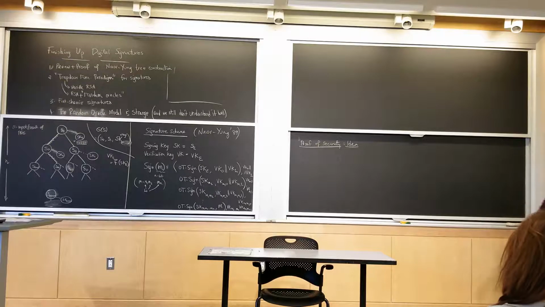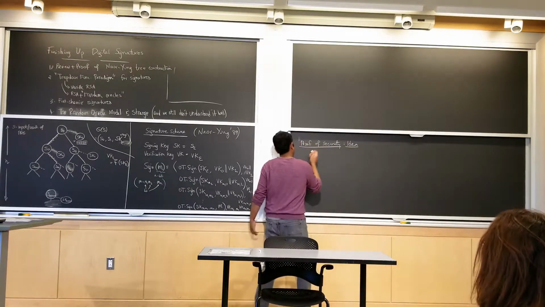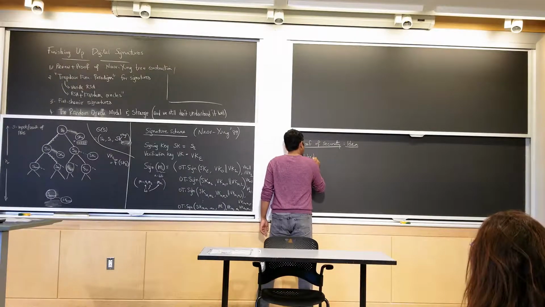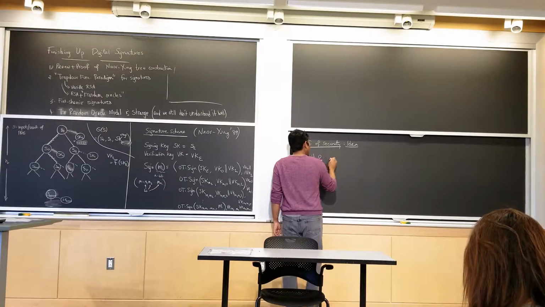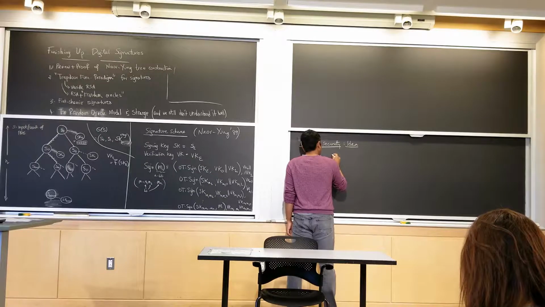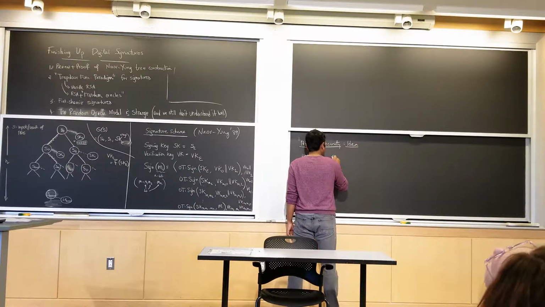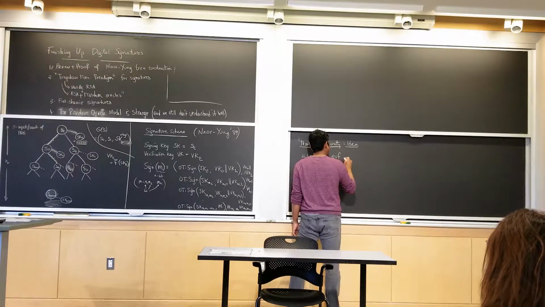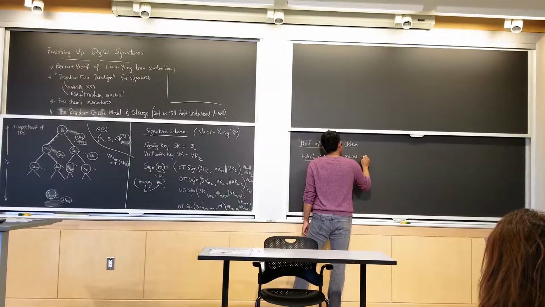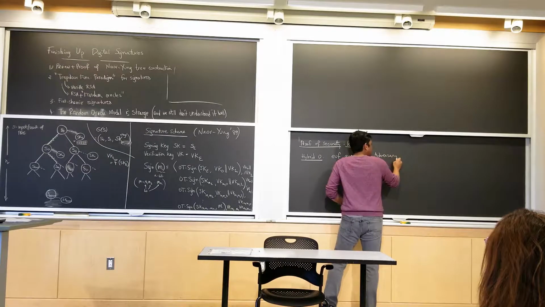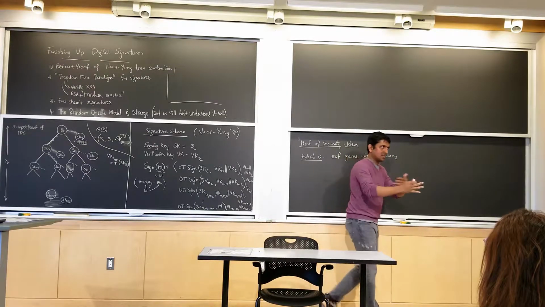So this is sort of formulated as a hybrid. Hybrid 0 is the existential unforgeability game with the adversary. This is exactly what I described. The guy asks for signatures.